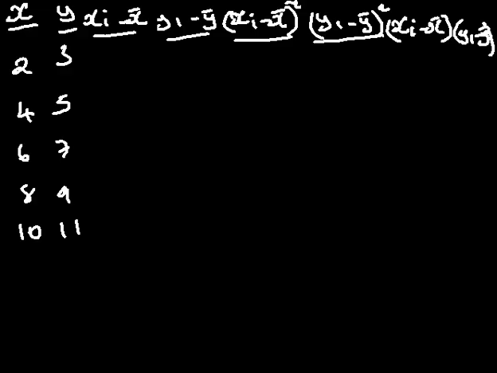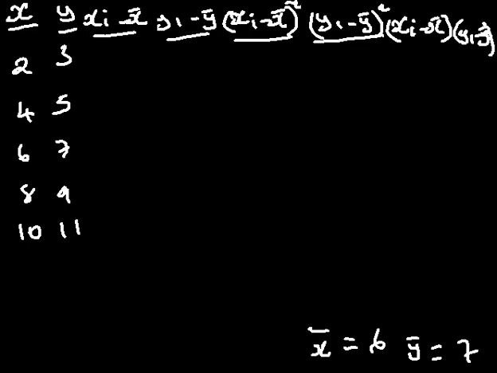So now what is happening is this. The mean for x is given as 6, and the mean for y is given as 7. That's the information we have.